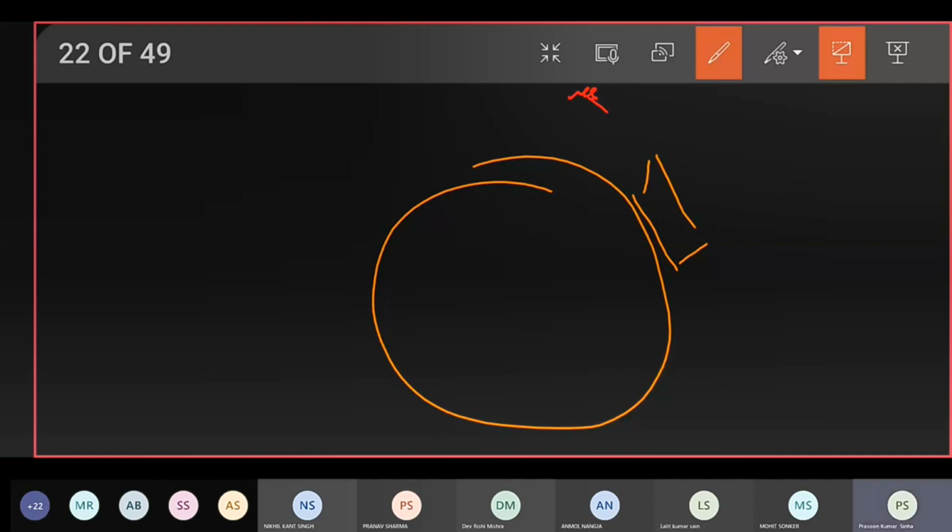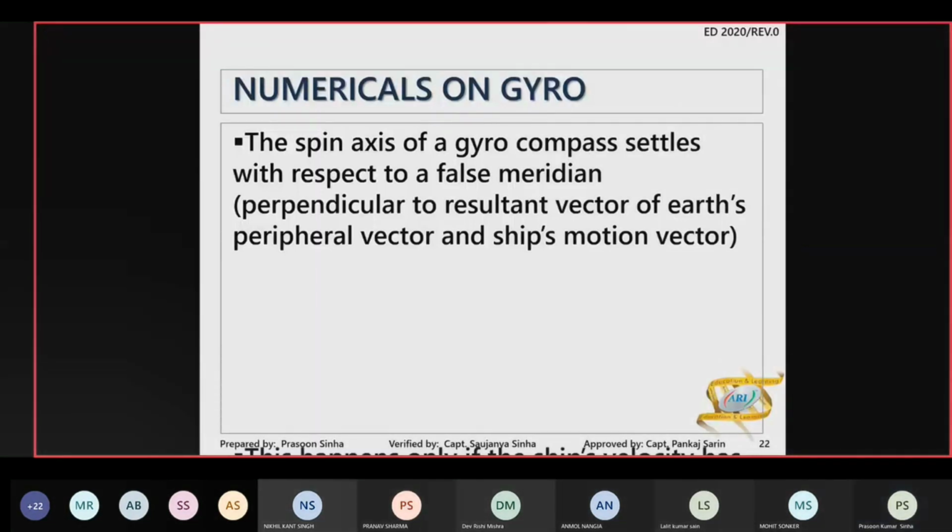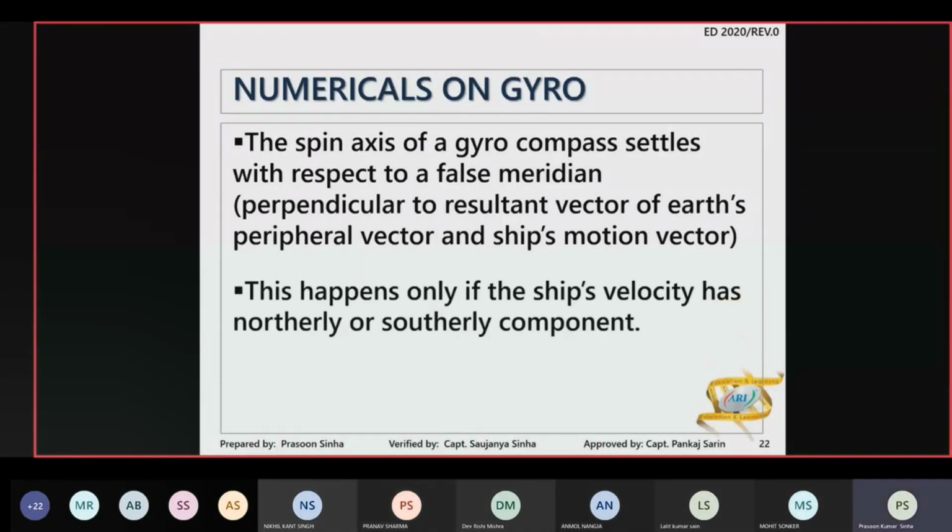Red pointer की तरफ. Yes, sir. Okay, we'll come to that. I have already got a diagram, so we'll show it in the diagram.